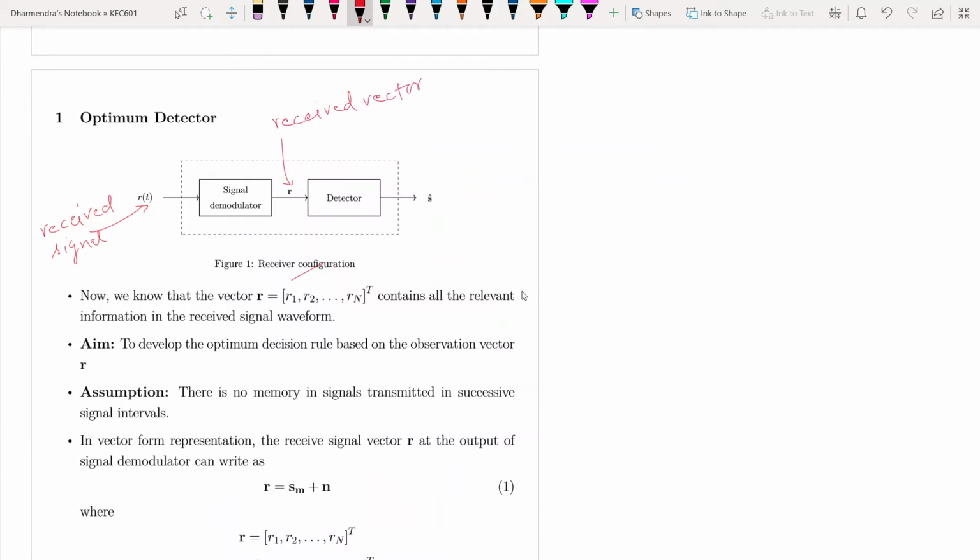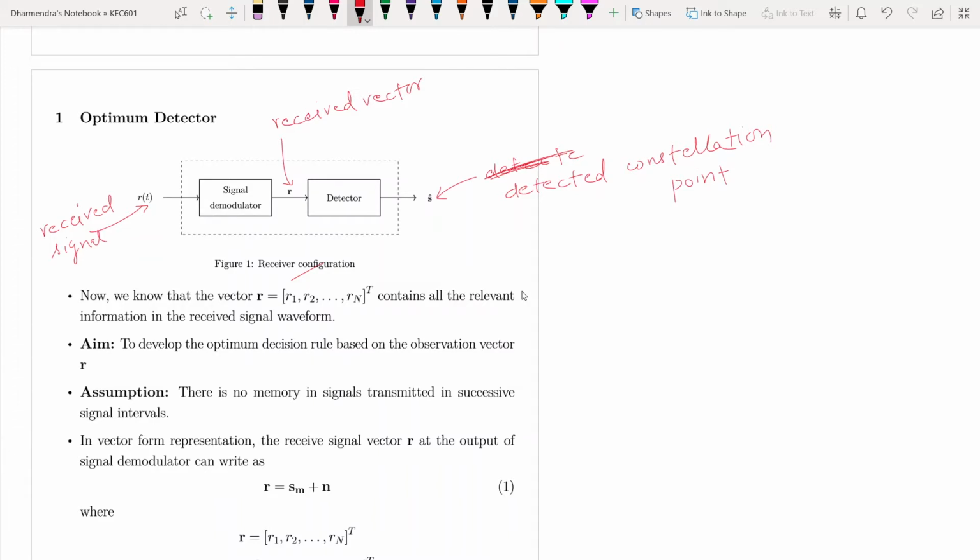The function of the signal demodulator is to convert this received signal into the received vector. And this will be the input to the detector, and the detector will give the S hat. S hat denotes the detected constellation point.